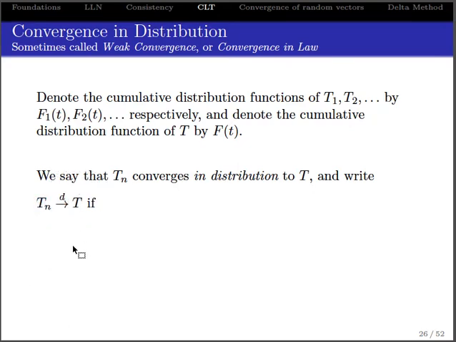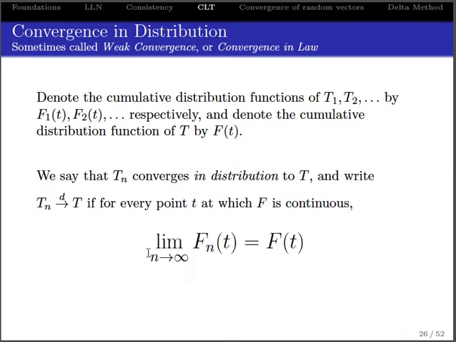Usually in our applications, T is going to be a random variable and not a constant, though sometimes it's a constant. Mostly it's a random variable. Tn converges in distribution to T if, for every point t at which F, the target cumulative distribution function, is continuous, the limit of the cumulative distribution functions equals the distribution of the target.